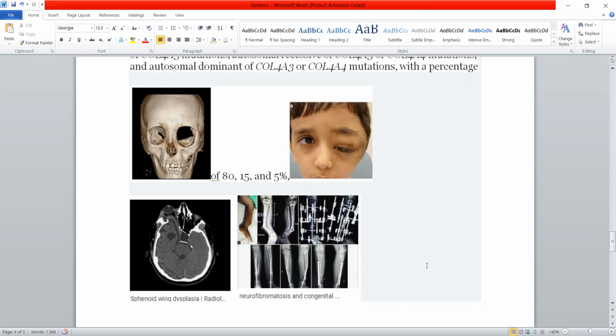Now, in this diagram, you can see that there is anterior bending of the tibia, anterior bending of the tibial bone, which results in a fracture. In this X-ray, it is more clear that due to this anterior bending of the tibia, a fracture has occurred, which results in the formation of a pseudo joint.